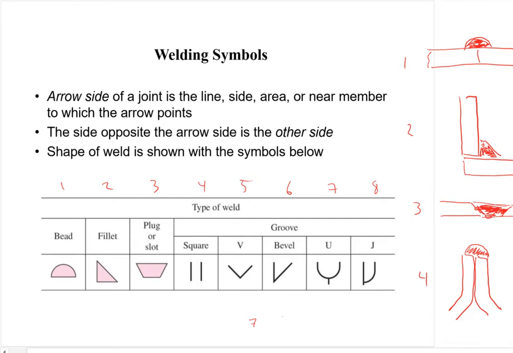You'd have two pieces that look like this, and then you'd fill this space with a weld. That's a U weld. That's not a my weld, that's a U weld. All right, so the weld symbols themselves are fairly pictorial in nature.